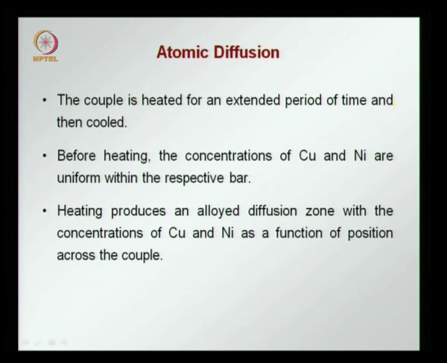But due to diffusion which is occurring due to heating, an alloy is formed in the diffusion zone with a combination of copper and nickel, but the concentration is higher as you move away from the diffusion zone of one material and is a mix at the diffusion zone itself.